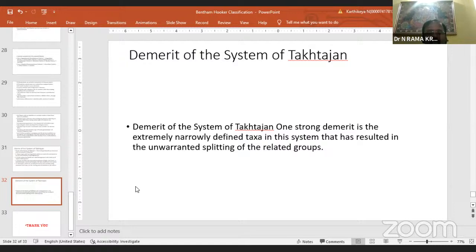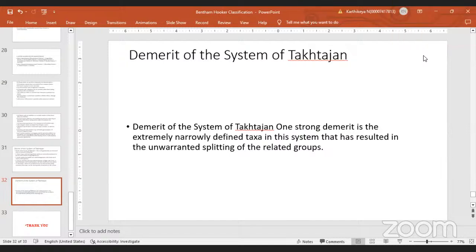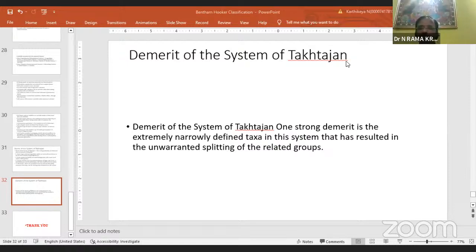This is the brief section on classifications. There are basically three systems of classification: artificial, natural, and phylogenetic.